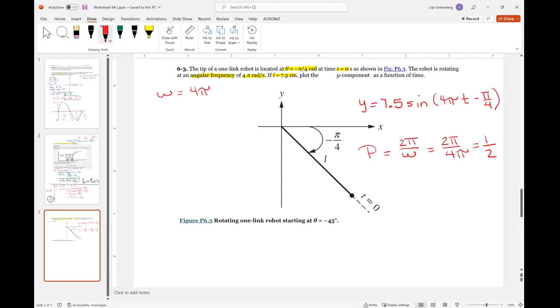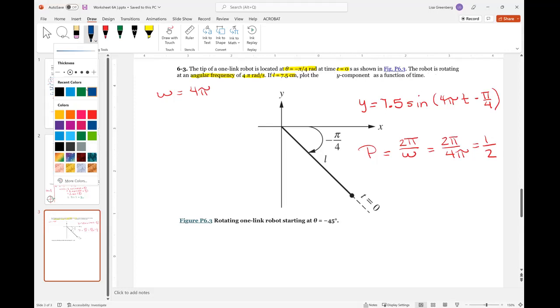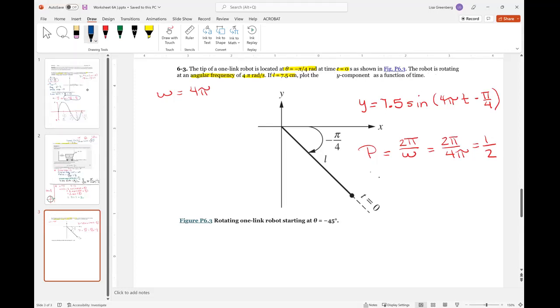Okay. We also need to know our time shift. And I'm not sure which way you guys would prefer it. So I'm going to just say, this is what I called shifted form. If you watch the 3rd video that's there, where I just factor out a 4 pi, and then I get t minus pi over 4 over 4 pi, right?